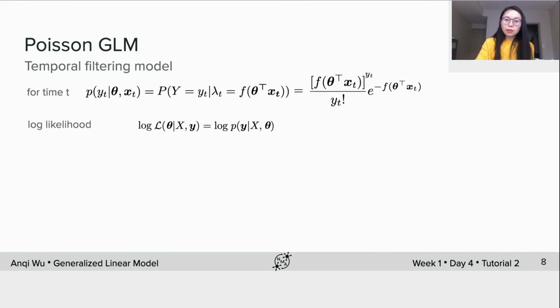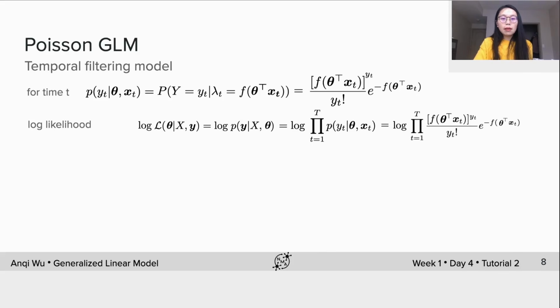To optimize for the linear filter theta, we can now write down the log likelihood. Similar to the linear Gaussian model, the log likelihood function is the log of the probability mass function, which is a product of p of yt given theta and xt over all time points. We then bring the expression of the mass function into the logarithm. Next, we move the product to the outside of the logarithm and separate the log into two terms.